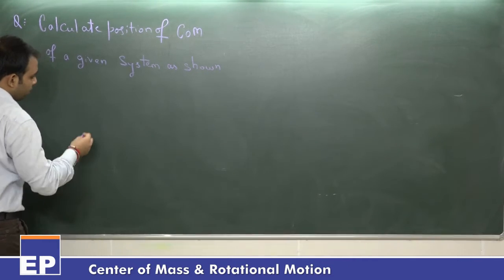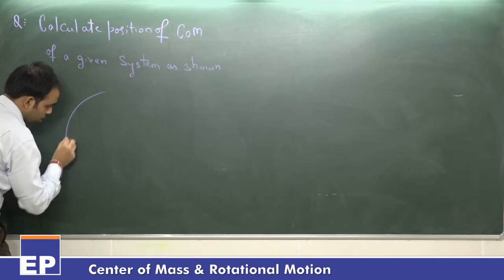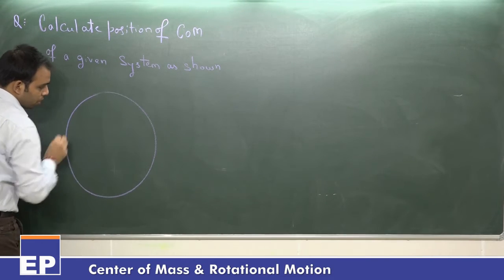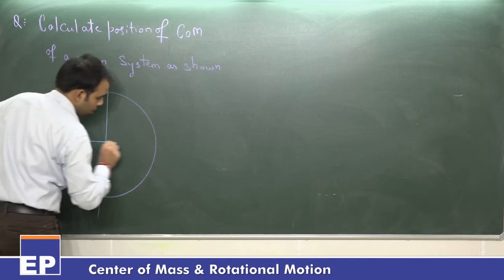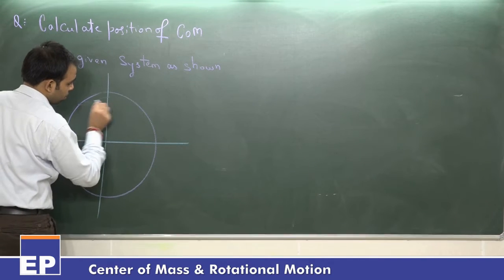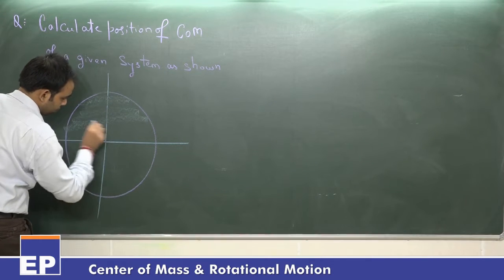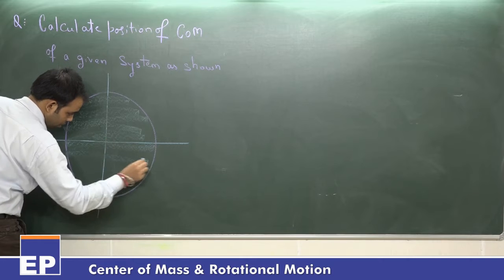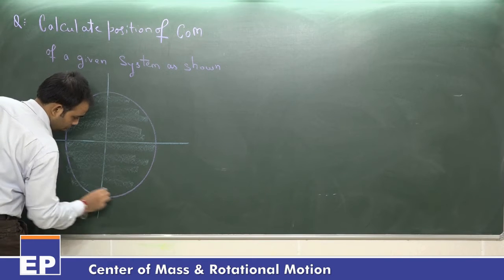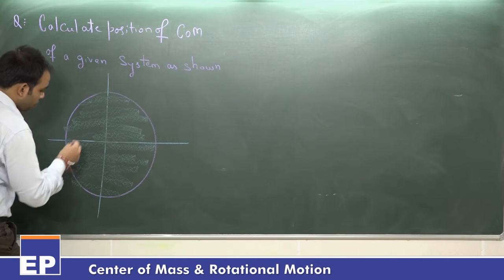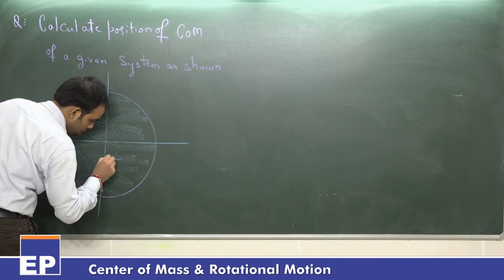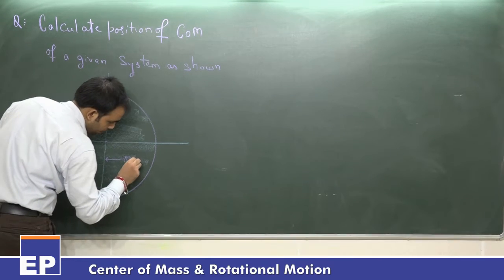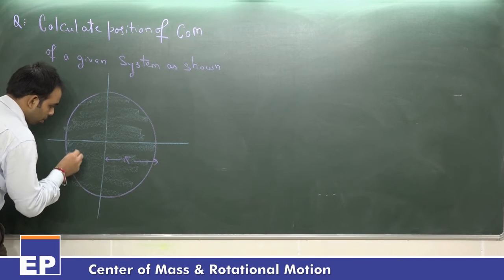This is a system given. It is a circular disc having mass 2m. And mass is 2m.